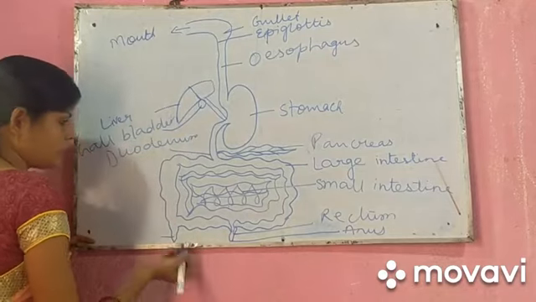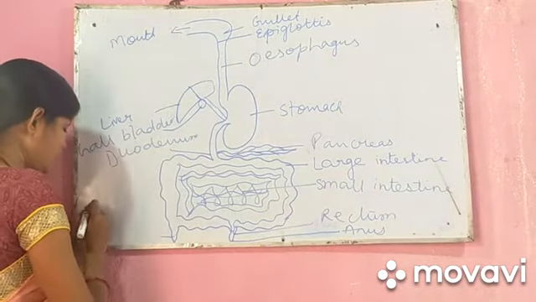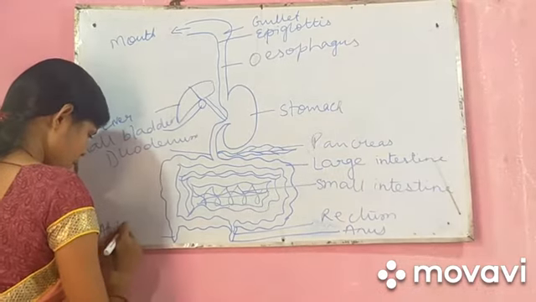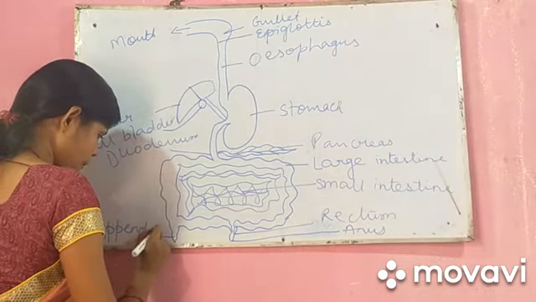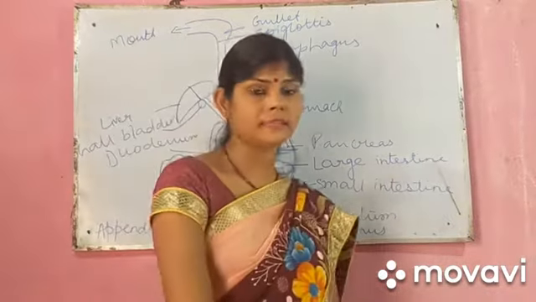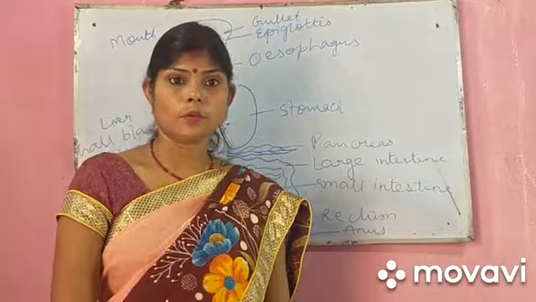And this is another organ which is known as a vestigial organ in our body, having no function, but when food particles enter it, this part, which is known as the appendix, causes trouble in our body.